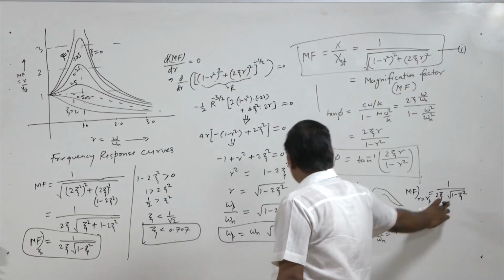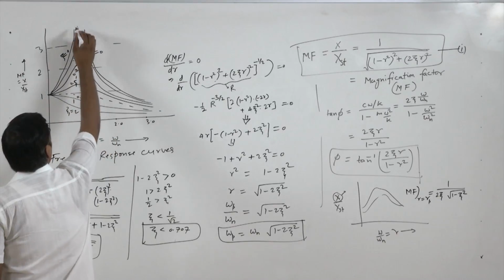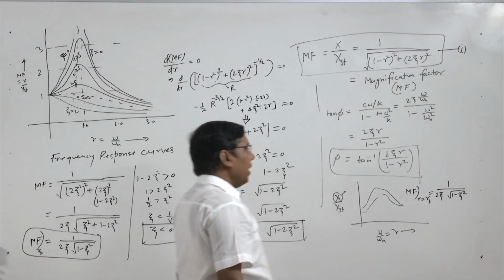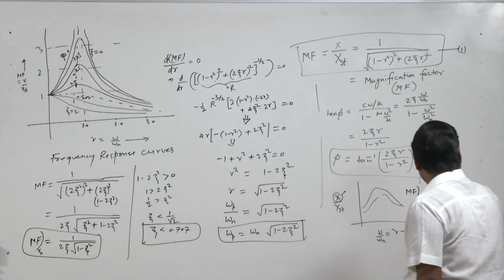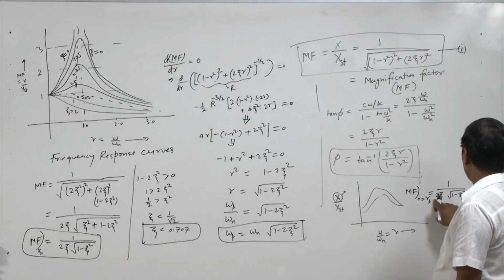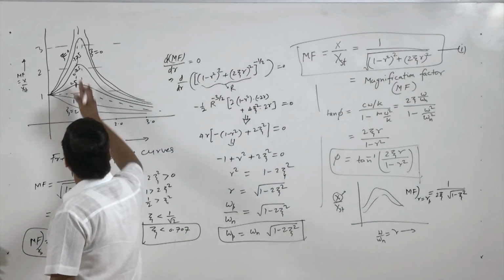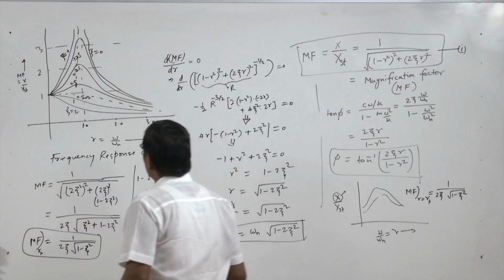So this is only a function of damping here, and these peaks we can find. And we see that if we are decreasing the damping, we are going as MF equal to 1 by 2 zeta. We are tending to 1 by 2 zeta. So we are going to tend towards this line.